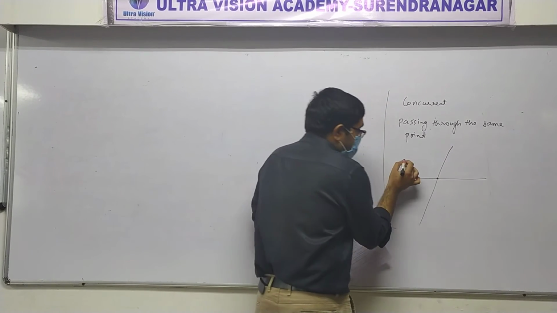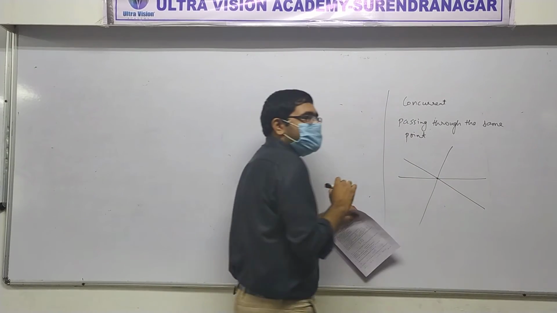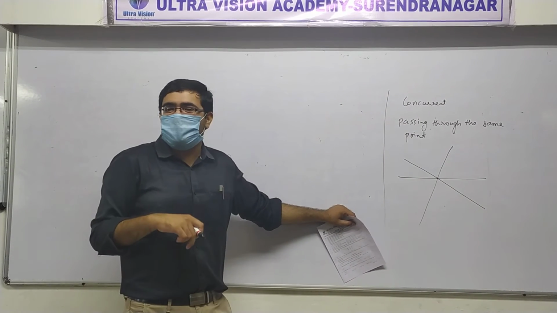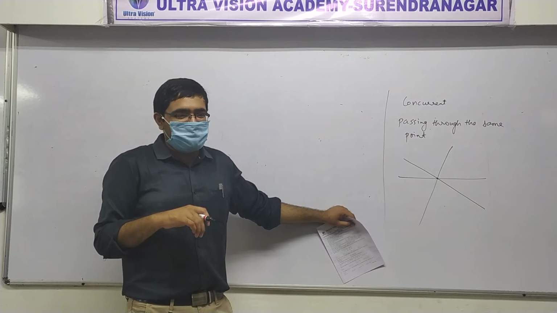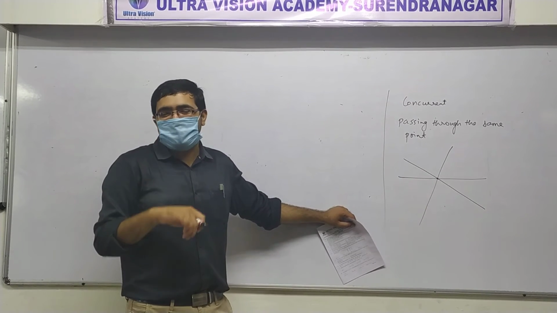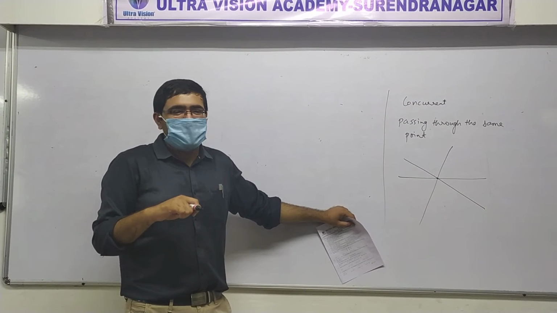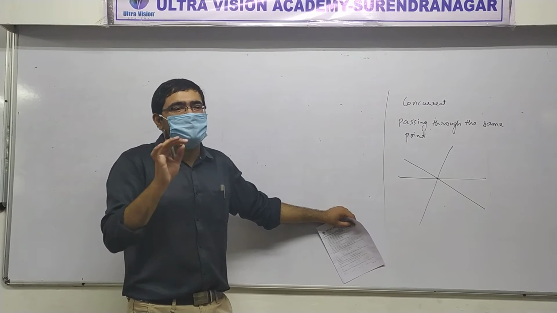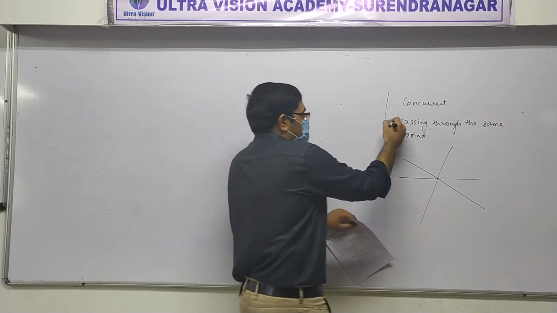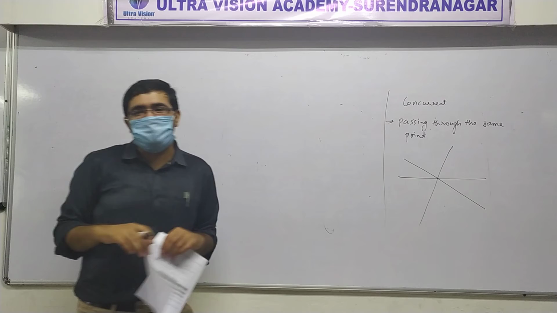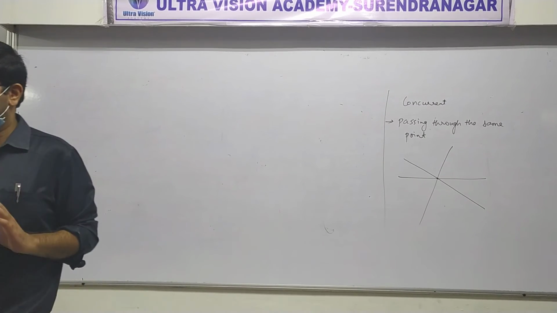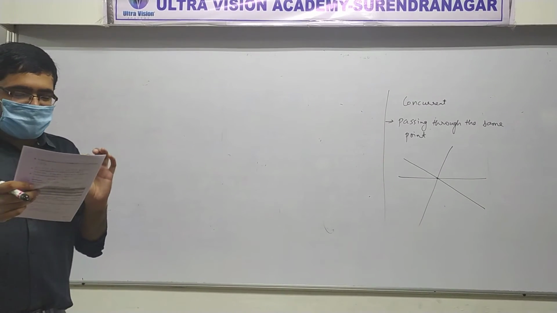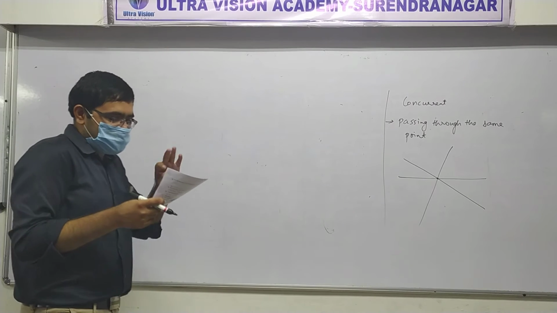If a third line also passes through that point, then the three lines are called concurrent lines. Do you remember this now? This is the meaning of concurrent: passing through the same point. So there are three forces.